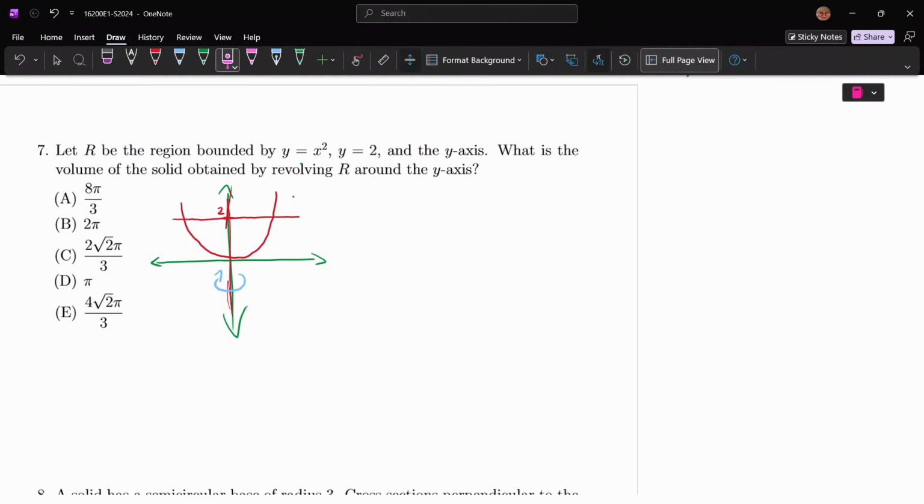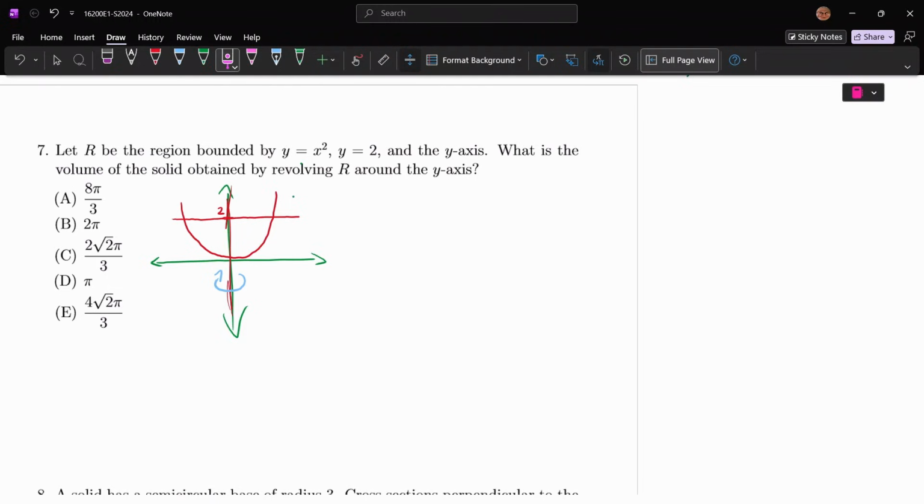Now, the shell method takes slices parallel to the axis of rotation. So the slices would end up looking something like this. And that's important because it helps determine which variable you want to integrate with respect to.